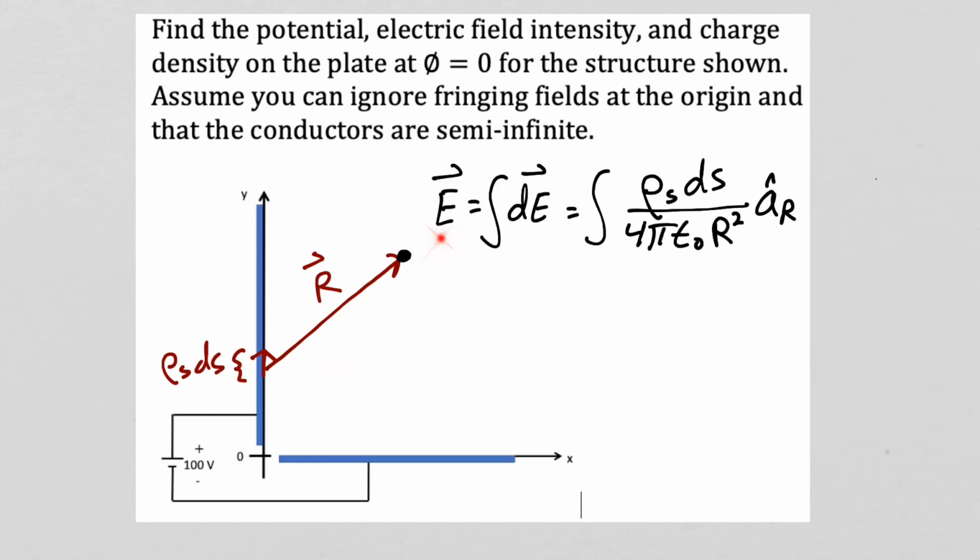Then the total electric field intensity is just the integration of the contributions to the electric field intensity from all the charge along the two plates.